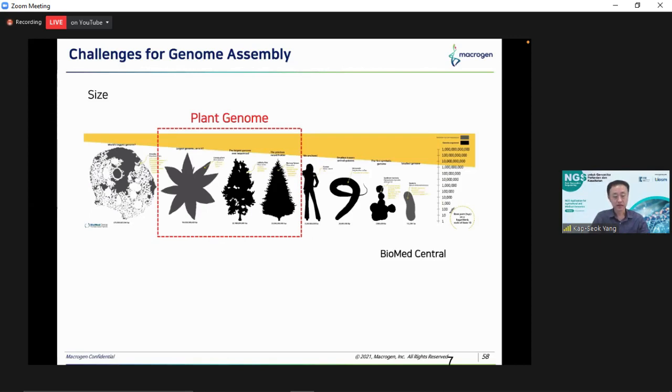A plant genome usually has a range of 20 to 100 gigabases. The human genome is 3 gigabases. And at the far end is a genome estimated at almost 500 gigabases. It is an amoeba species.